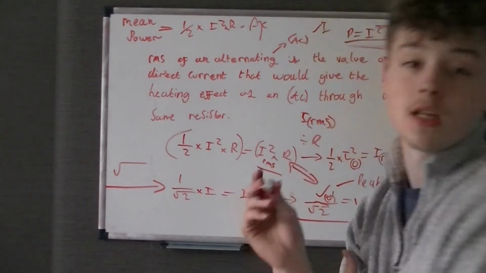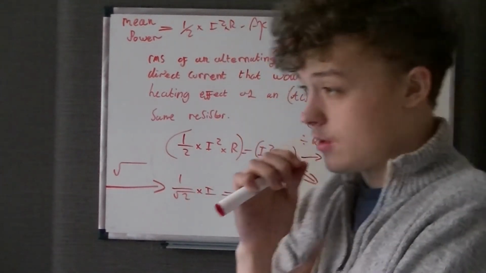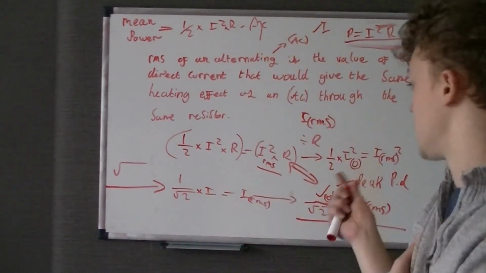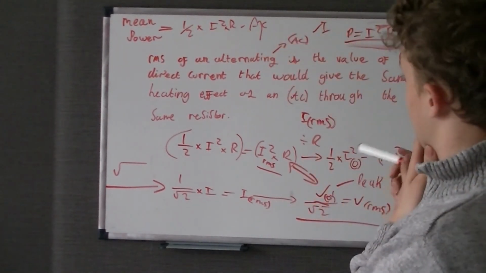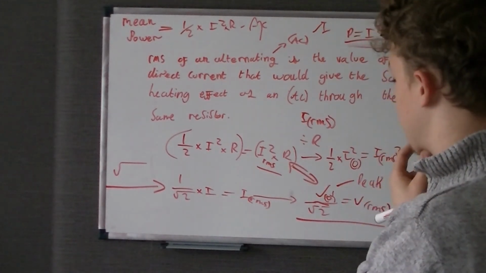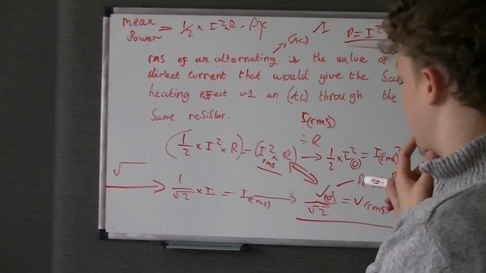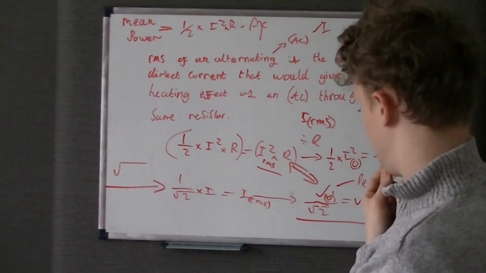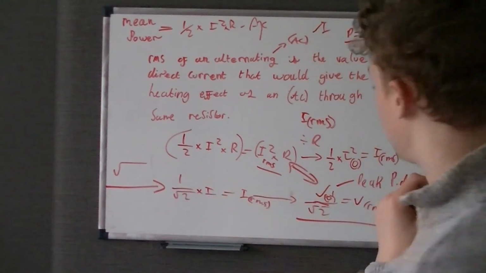And now the RMS of an alternating current is the same value as a direct current through the same resistance as the alternating current. So we make them equal each other. The direct current is now the root mean squared current, and then we simplify that down to get V0 or peak PD or peak current over root 2, with the corresponding either potential difference of root mean squared or the root mean squared current.